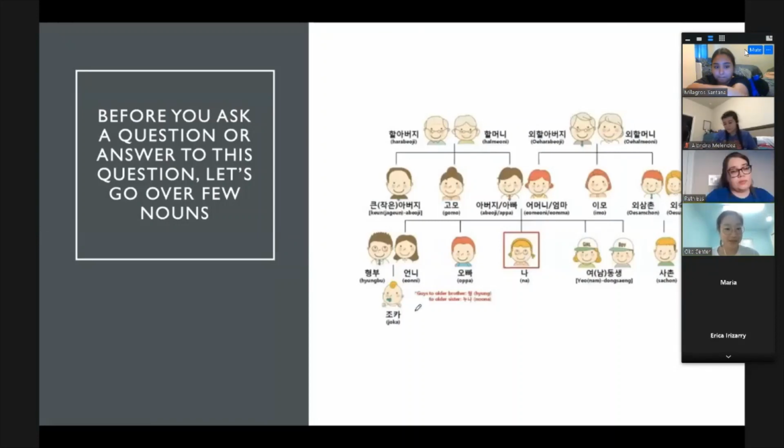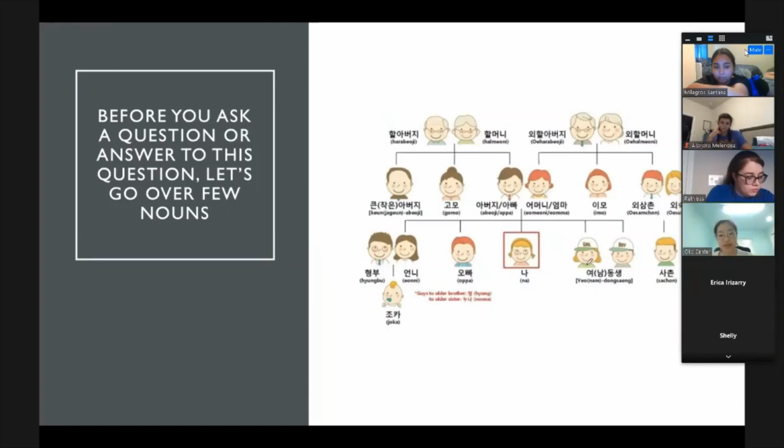Okay, so the nouns we went over: 나, 여동생, 남동생, 사촌, 오빠, 언니, 형부, 조카, 아버지, 아빠, 어머니, 엄마, 이모, 외삼촌, 외숙모, 고모, 큰아버지, 작은아버지, 할머니, 할아버지, 외할아버지, 외할머니. So 여 means a girl.